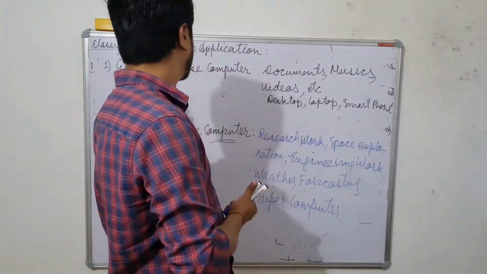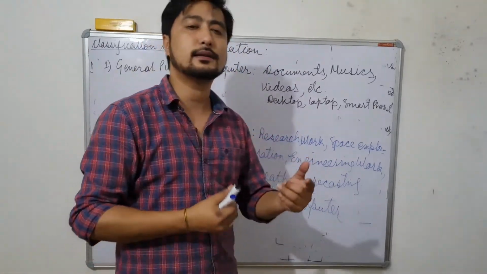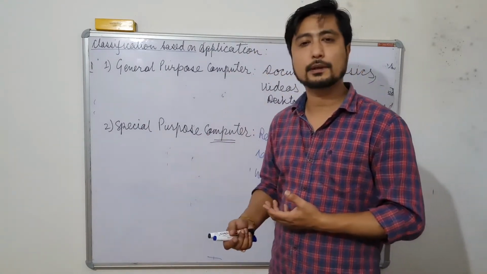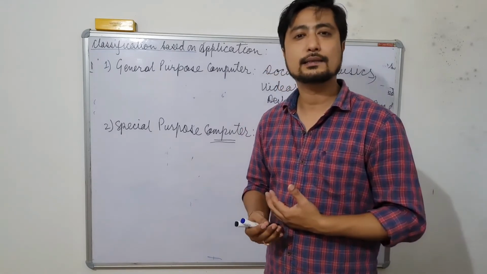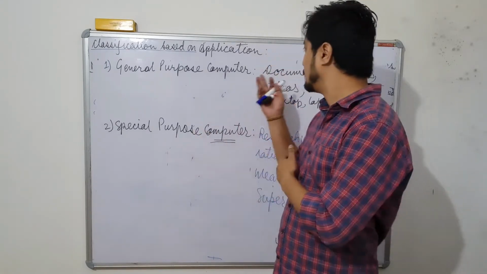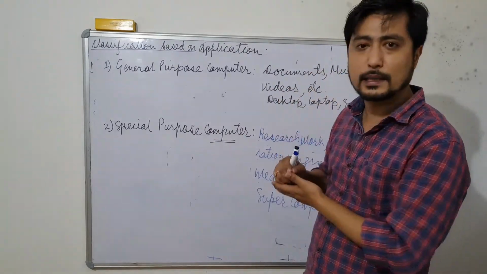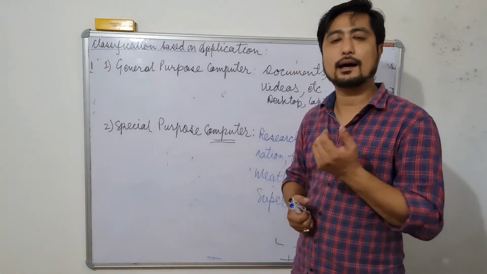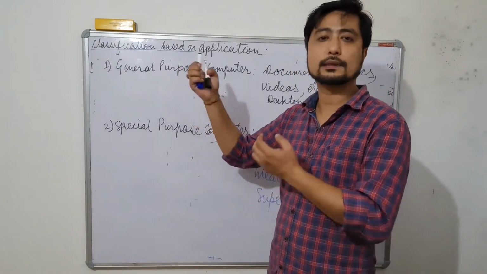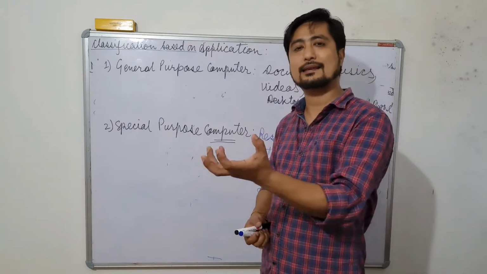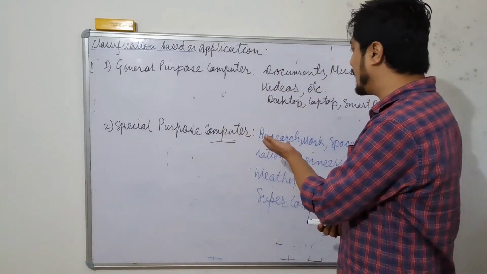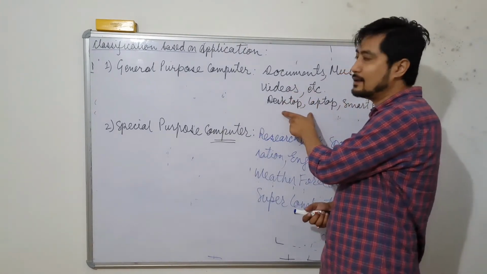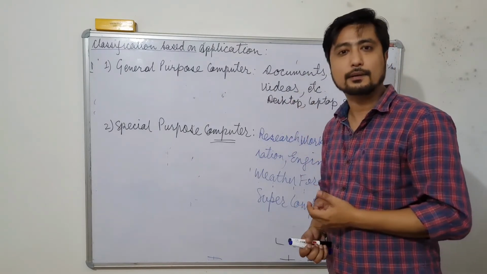And the last one was our classification based on the application: general purpose and special purpose computer. General purpose computer means the computer which is used for general purposes, like writing documents, writing letters, listening music, watching videos. All these are general work, and the computer used for this is known as a general purpose computer, and they are desktop, laptop, smartphones, or we can say microcomputer is a general purpose computer.